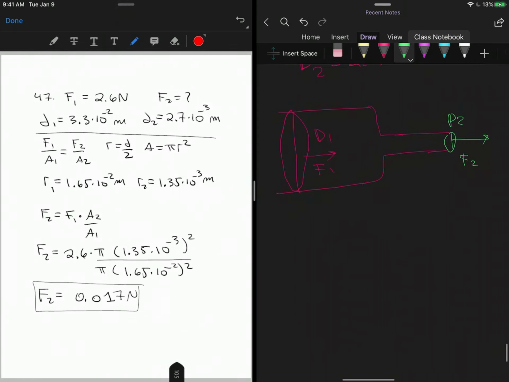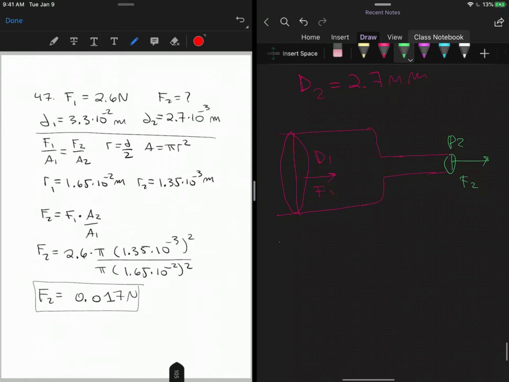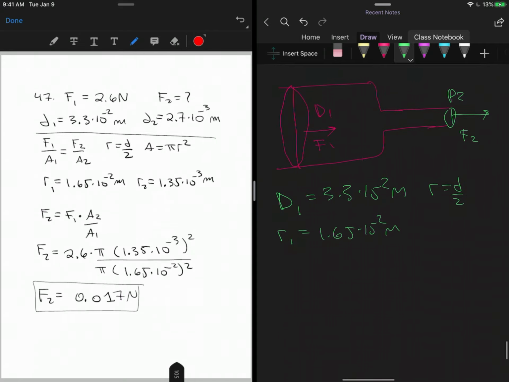So what we need to do is first, let's convert those diameters into radii. So diameter 1 is 3.3 times 10 to the minus 2 meters. So radius 1 is going to be half of that, so that should be 1.65 times 10 to the minus 2 meters, because the radius is the diameter divided by 2.